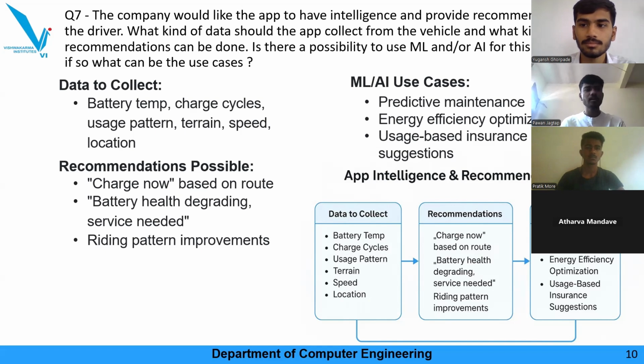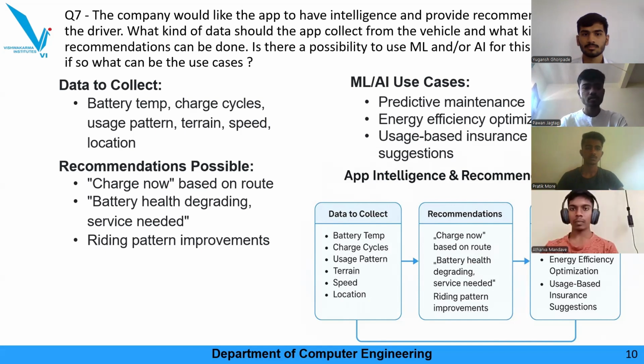Okay, sir. The company would like the app to have intelligence and provide recommendations to the driver. What kind of data should the app collect from the vehicle, and what kind of recommendations can be done? Is there a possibility to use ML and or AI for this analysis, and if so, what can be the use cases?